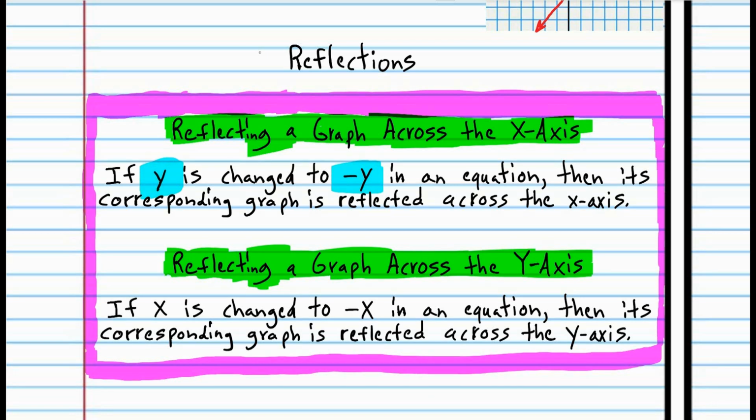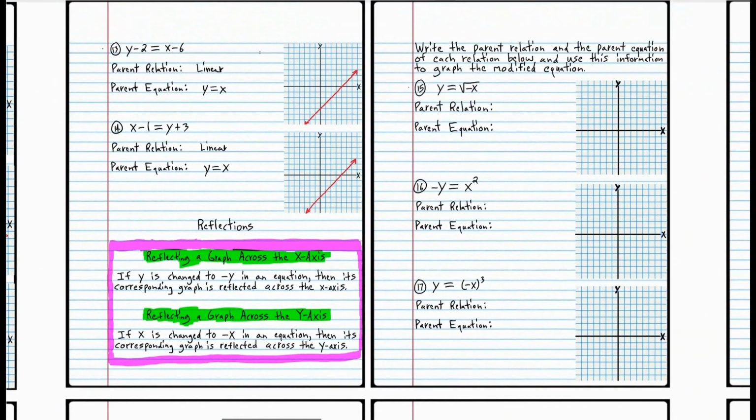And what that does is it reflects the graph across the x-axis, not the y-axis, the x-axis. If you change x to negative x in your equation, then you reflect the graph across the y-axis, not the x-axis, the y-axis. Again, that all means nothing unless we do some practice problems.